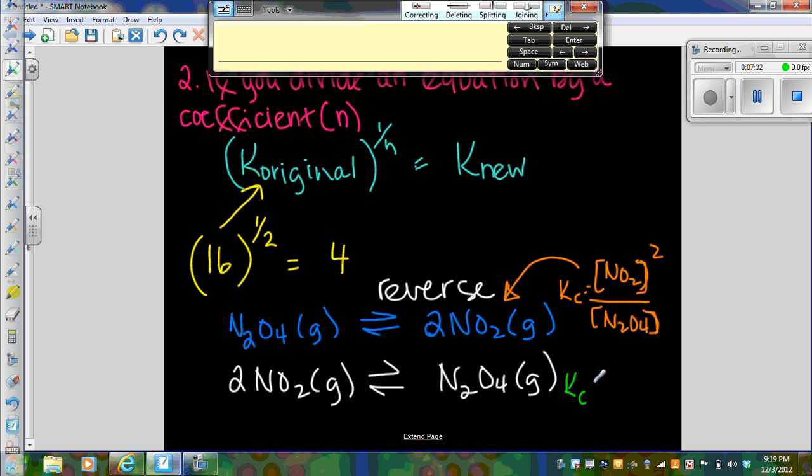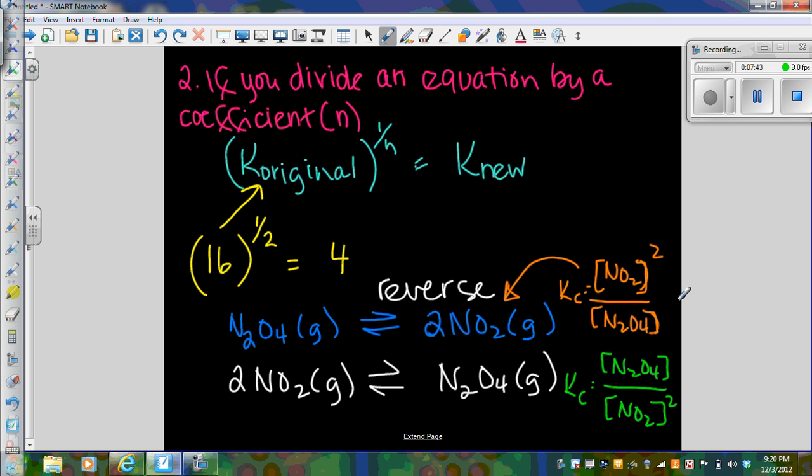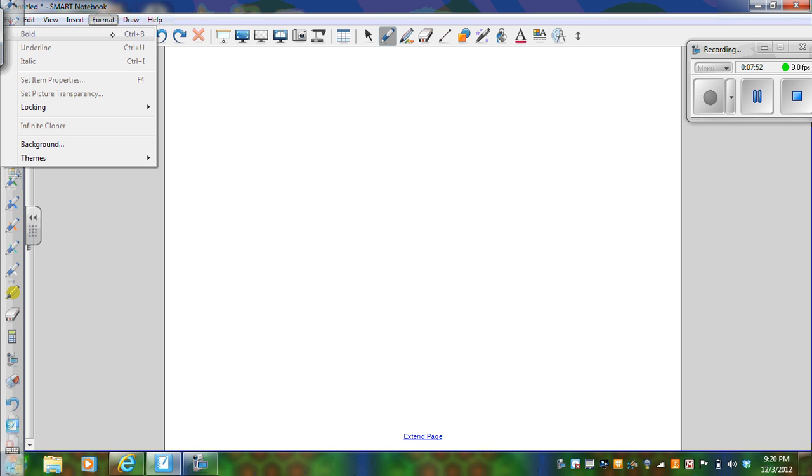K sub C equals, now N2O4 is in the numerator, and the concentration of NO2 squared is in the denominator. So if you look at what's happened here, you've basically done the inverse. You've flipped it over. So we want to make a rule for that.